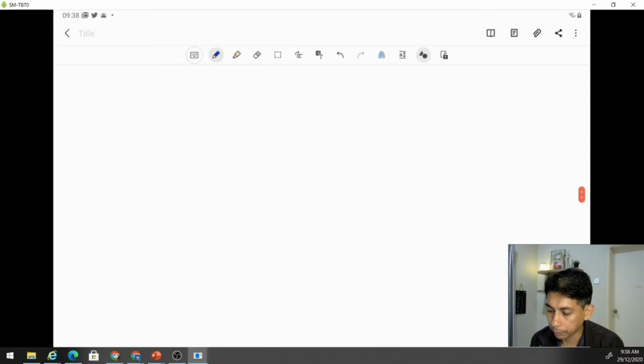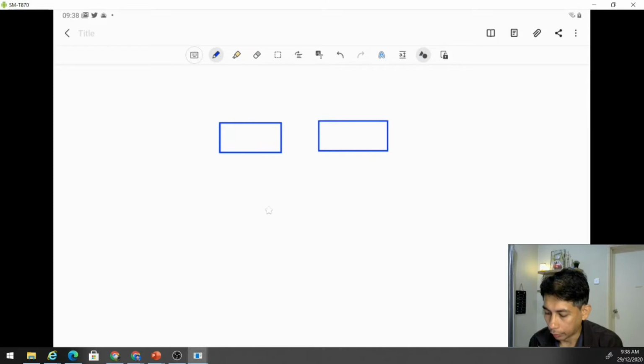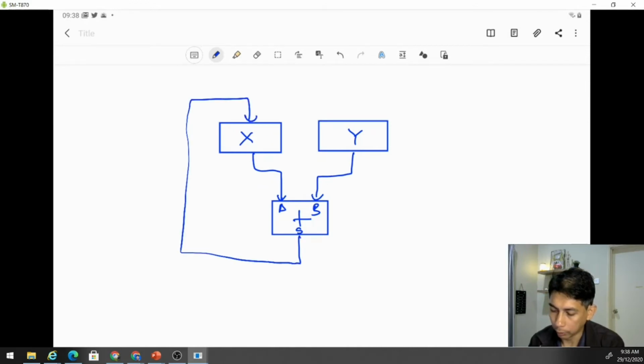If you have two registers and you have the adder, this is register X, this is register Y. You add, and the output goes back to register X. So it will be something like this: the content of Y plus the content of X, using the adder.